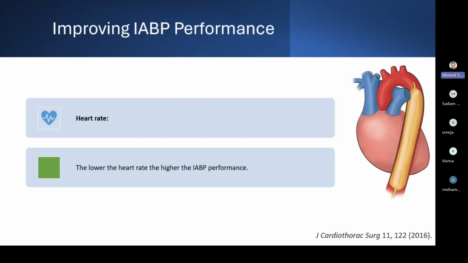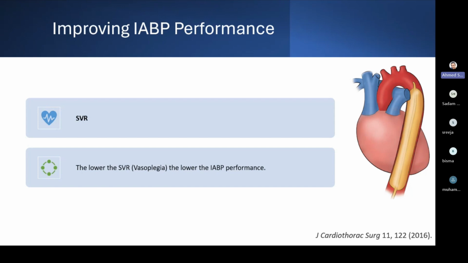But if you increase the heart rate, the time for the diastolic augmentation will decrease, and the patient will not benefit that much. Ideally, the heart rate should be around 90 to 120. More than 120, the patient will not benefit that much, especially if he's having an arrhythmia, like AF.